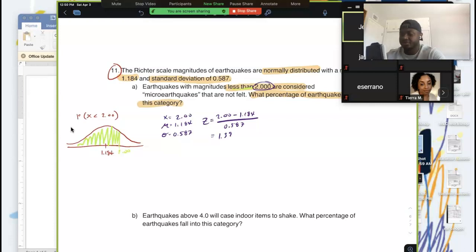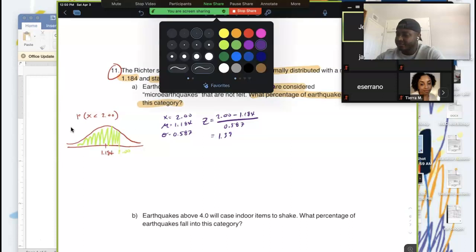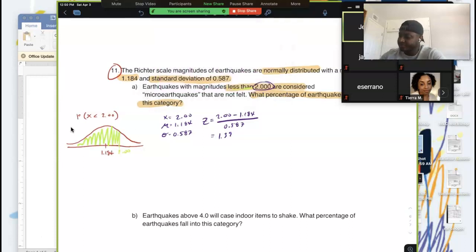Everybody cool with that? Alright, so then our next step, we're going to standardize. So we standardized it, so now we have the probability that Z is less than 1.39. Awesome.